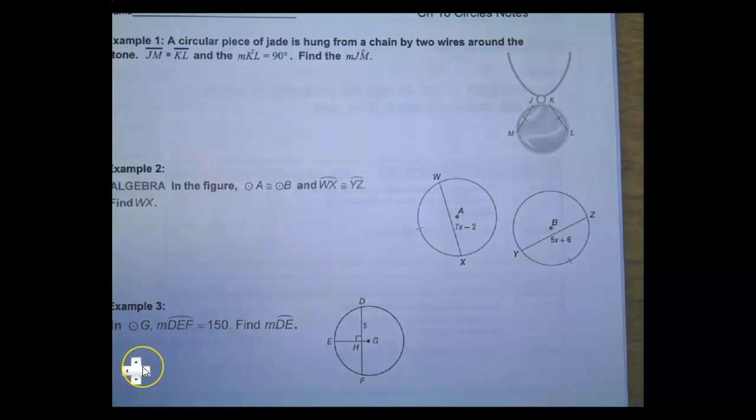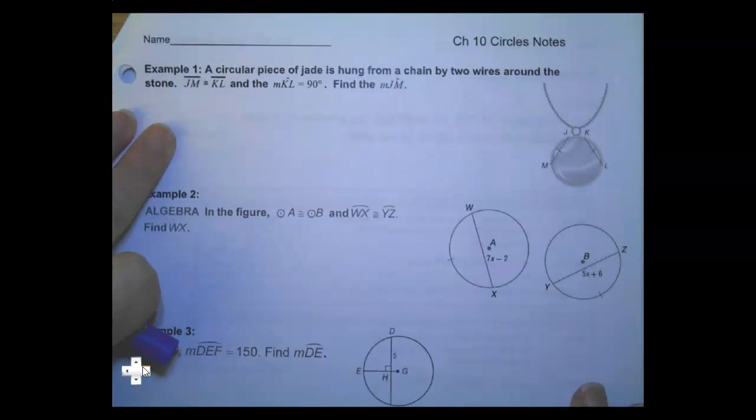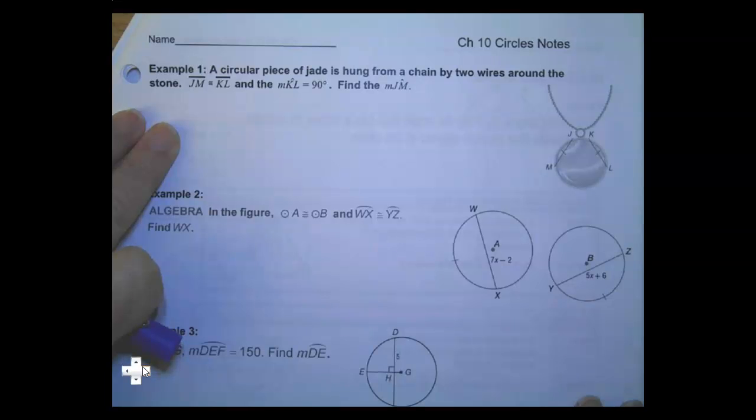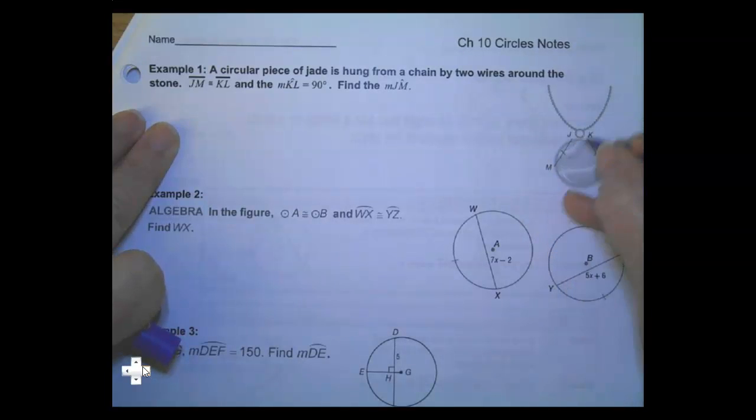Okay. A circular piece of jade is hung from a chain by two wires around the stone. So these are chords. They are perpendicular to each other. Find the measure of KL, which is 90. How much is JM?